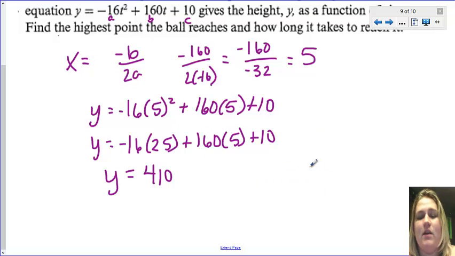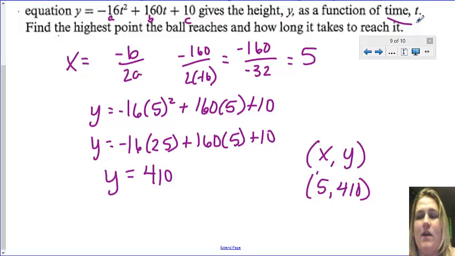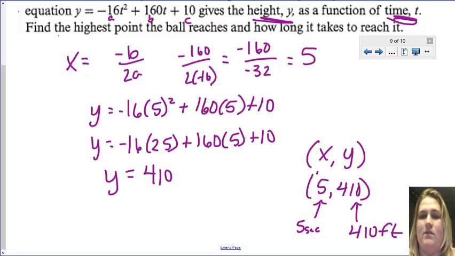So that gives me my ordered pair, x, y. So I have 5 and 410. The question is, what does that mean? This means x we plugged in for t, which was time, right? T is time, and y is the height. So that means that my time is 5 seconds, and my height is 410 feet.